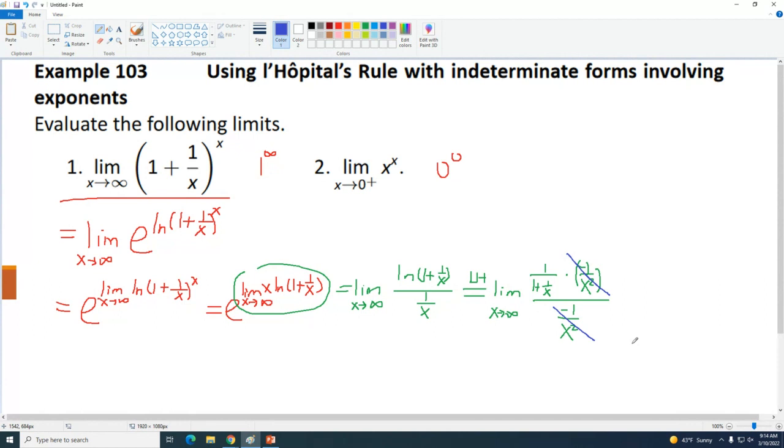And x goes to infinity, so 1 over x goes to 0. So the entire calculation is really 1 over (1 plus 0), and that equals 1. So this entire limit is equal to 1, so that's e to the 1 as our limit. That basically verifies the whole idea that this limit actually equals e.